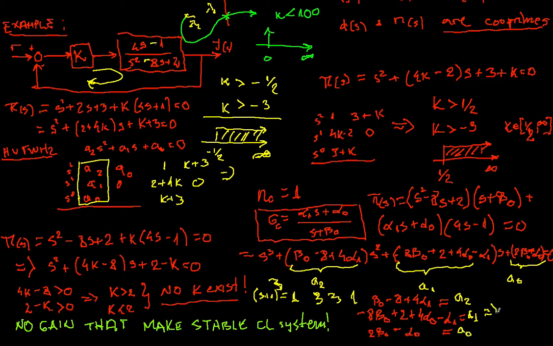This will be pretty much like some A matrix. We will have parameters here, alpha 0, alpha 1, beta 0, and here we will have A2, A1, and A0.